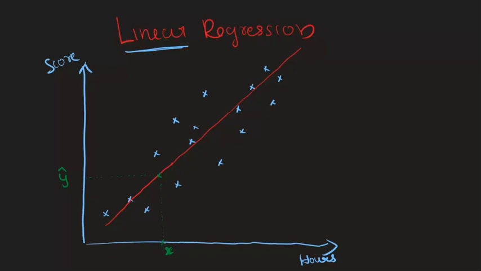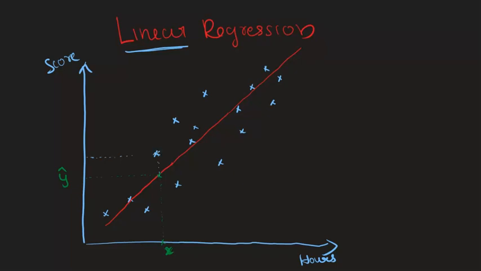But in reality, the value we predicted need not be exactly correct. Say the value we predicted is y cap, but the actual score achieved by the student is this.